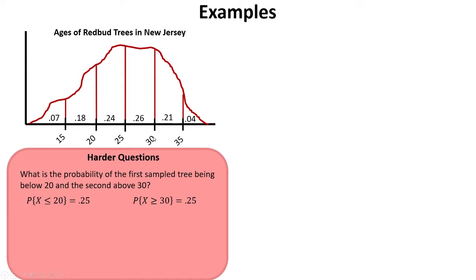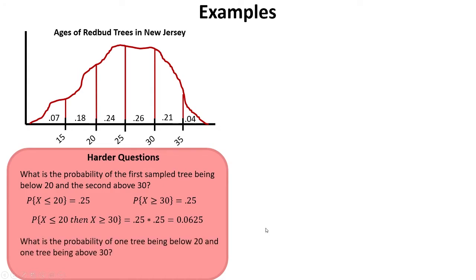And the probability of it being above 30 is 0.21 plus 0.04, which is again 0.25. So if we want the probability that the first sample tree will be below 20 and the second will be above 30, then we're simply going to be multiplying 0.25 by 0.25, because these are two independent probabilities, so we multiply them together to get 0.0625.